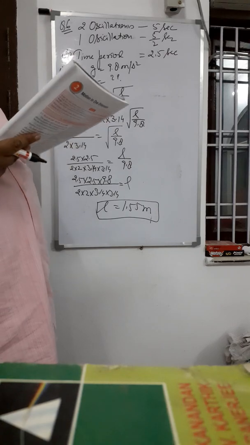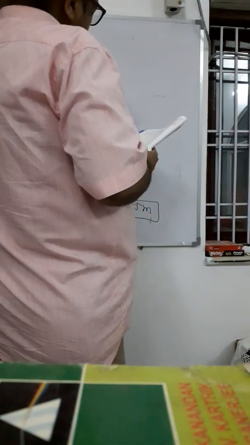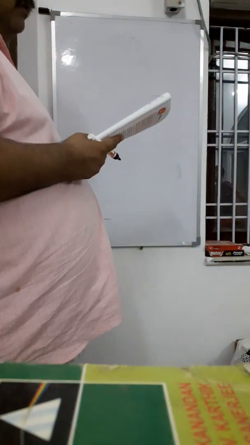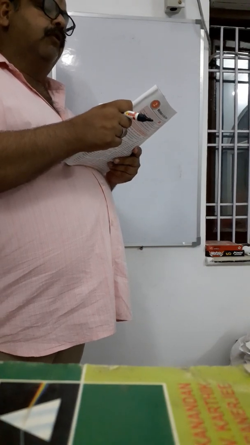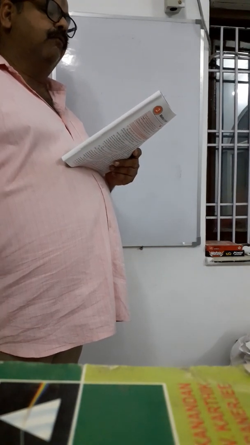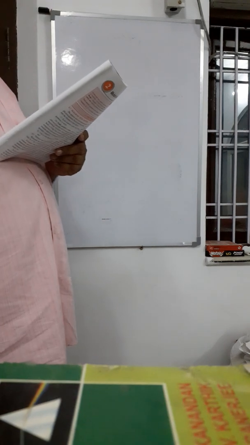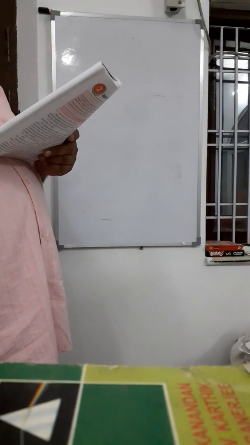Question number 7. Read question number 7 carefully. The time periods of two simple pendulums at a place are in a ratio of 2:1. What will be the ratio of their lengths?